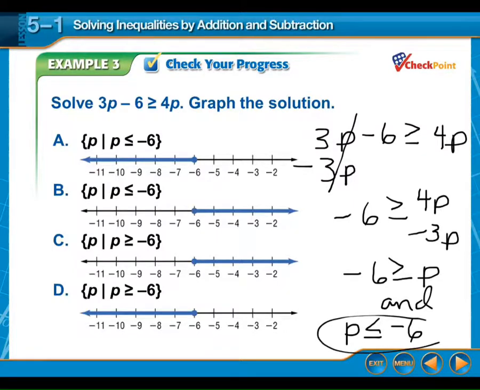So I know that that's a true equal statement. So p is such that p is less than or equal to negative 6. So I know that that makes A my answer.